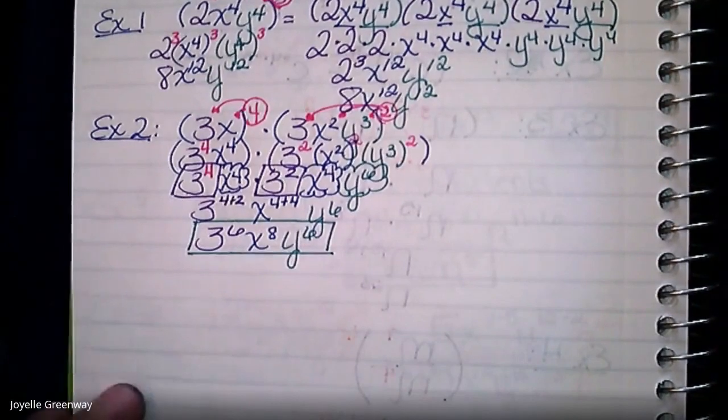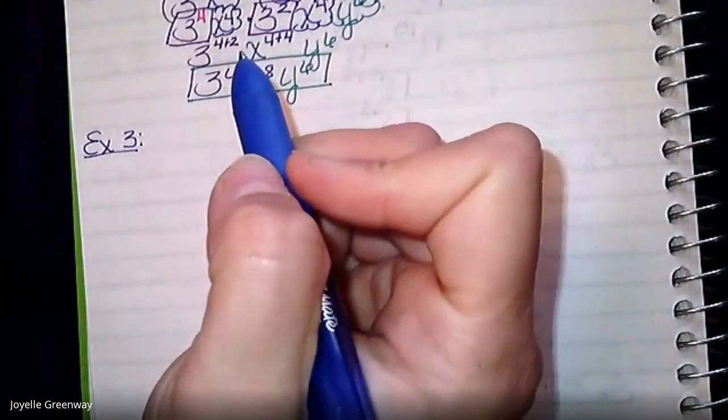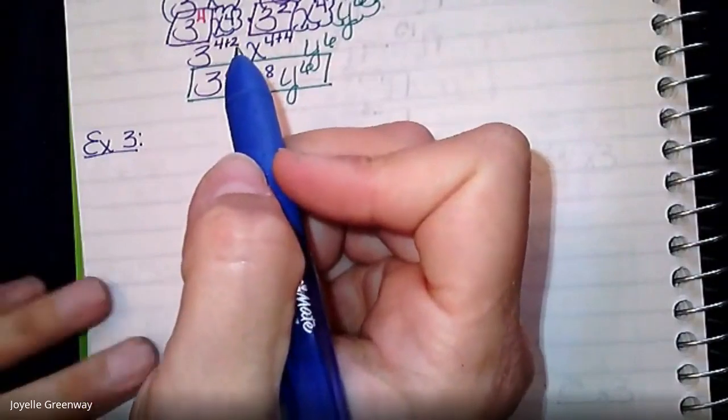All right, let's look at example 3. So far, we've done powers of products. So now this one's going to be the power of a quotient. So this one we have 12x to the 4th y cubed over 3x y squared.